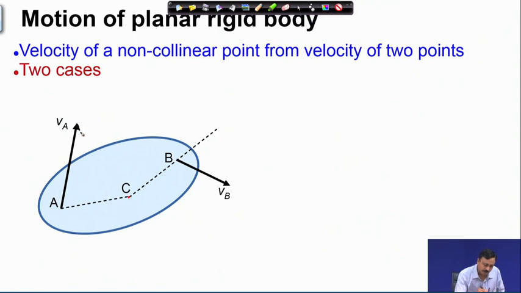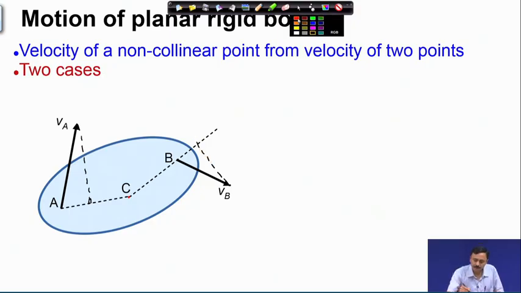I must project VA along AC, VB along BC. Look at these projection vectors.